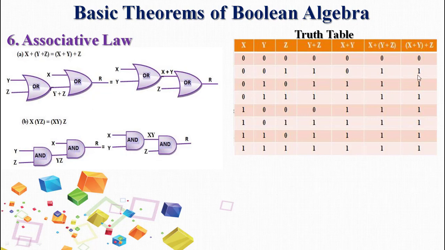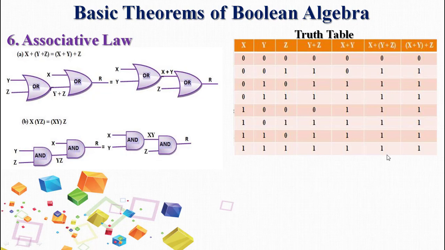Then we will add these two, that is the expression which is present over here will be added with x. 0 plus 0 is 0, 0 plus 1 is 1, 0 plus 1 is 1, 0 plus 1 is 1, 1 plus 0 is 1, 1 plus 1 is 1, 1 plus 1 is 1, 1 plus 1 is also 1.